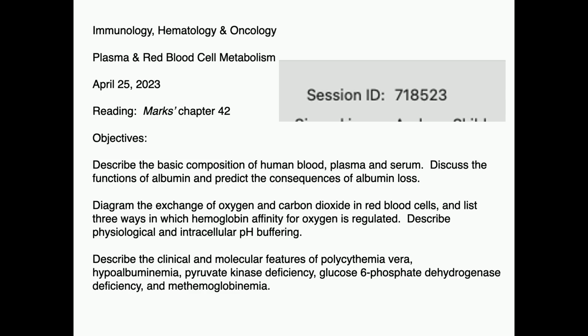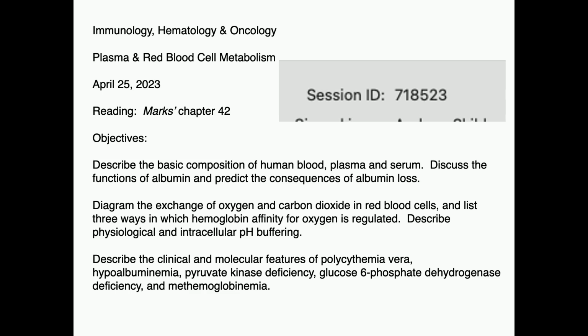Welcome to day 2 of IHO. Any questions so far? Everything going okay? All right, so the topic for the next 2 hours, we're going to touch on some general features of blood and some of the chemical composition of blood and some of the physical properties of blood, and that's kind of one side of it, and then another side of it will be some of the metabolic processes that are happening within red blood cells.